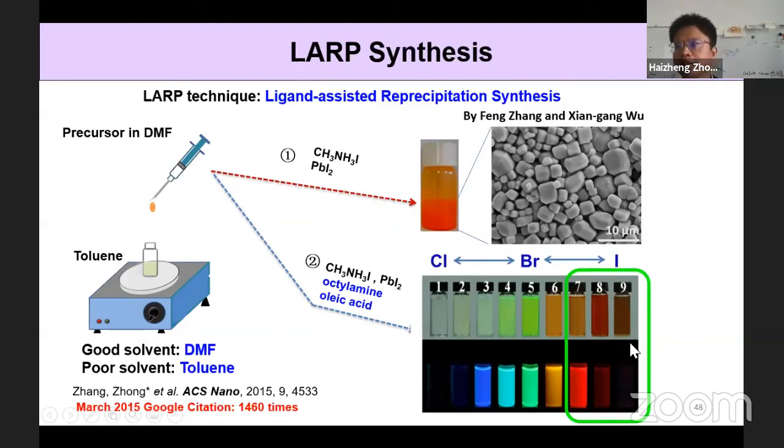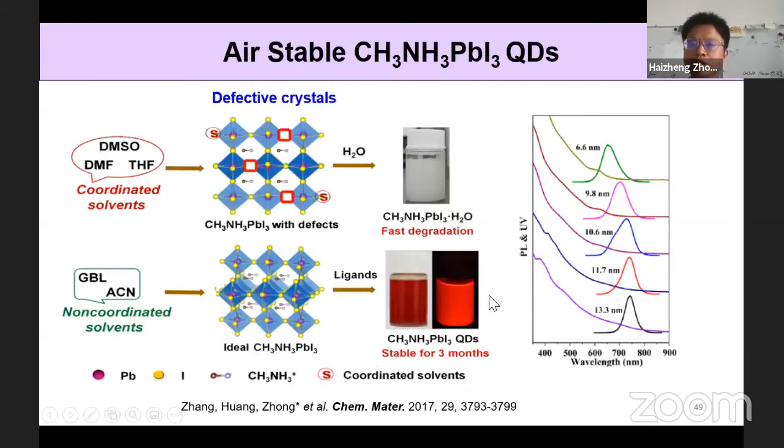We found that even in a glove box, the red iodide-based perovskite quantum dots experienced very fast degradation. We then spent time to investigate the degradation of iodide perovskites. So here is the conclusion.